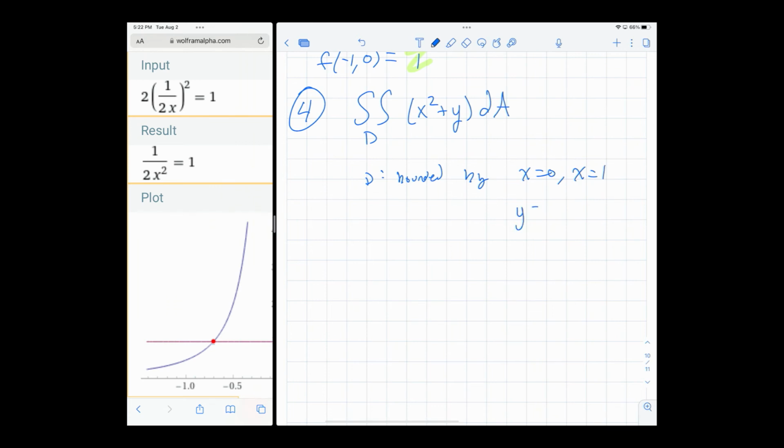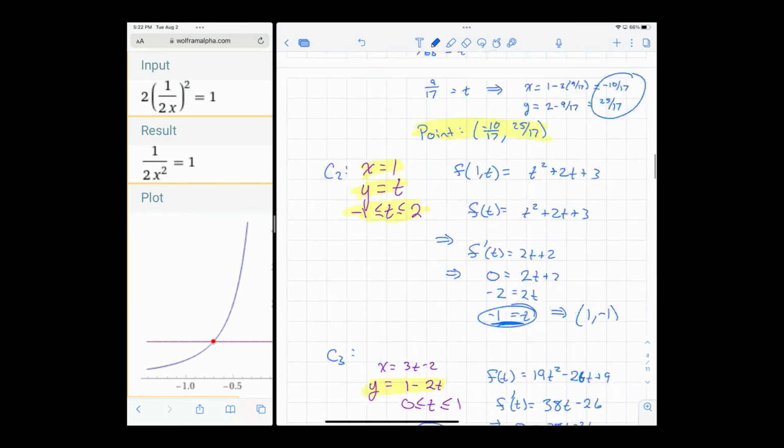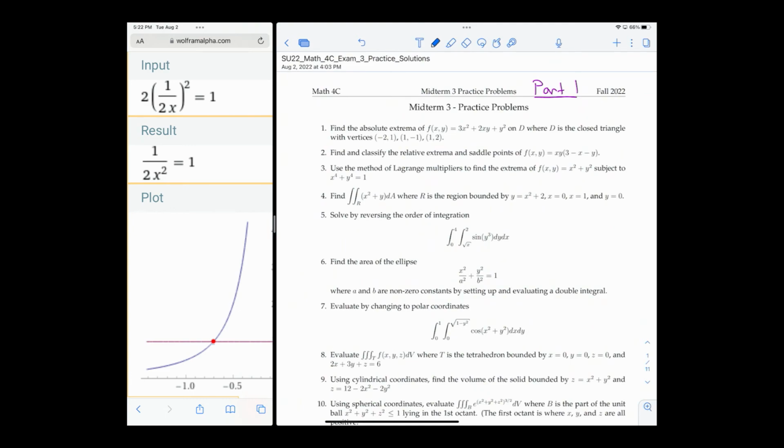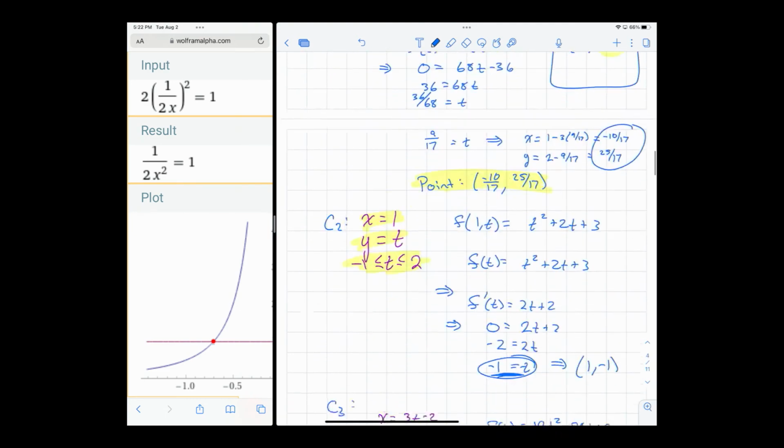There was a y equals some number and then a y equals something else, but I don't remember because I don't have a memory. All right, what do we got? Y equals 0, okay, and x squared plus 2.